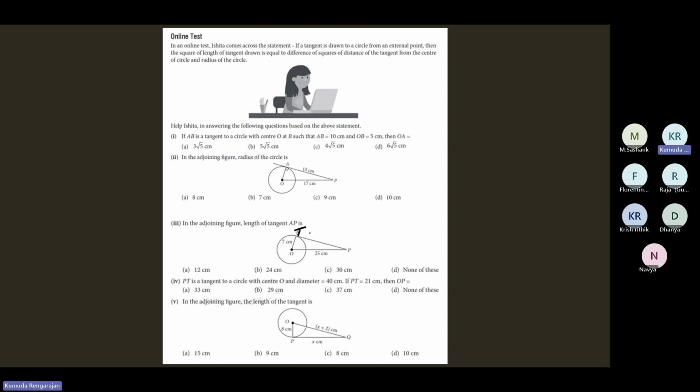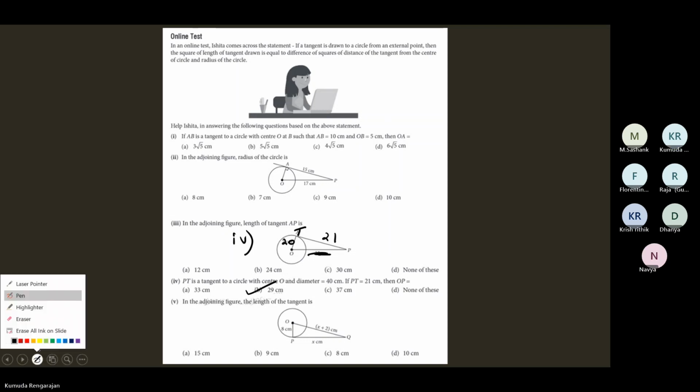We're doing the fourth one using this figure. PT is a tangent. Diameter is 40, so this is 20. PT is 21. Then OP is equal to, how much is it? 29. Correct. Pythagoras theorem, 29.